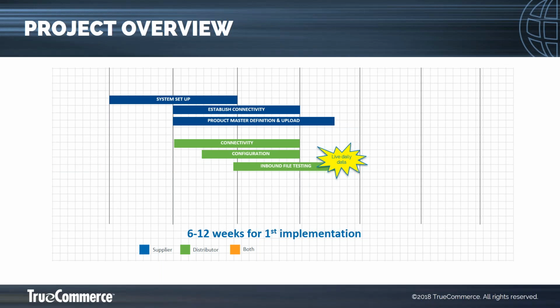So we will receive the product activity file mentioned in the flow before. Then for both it will be the time to validate the data as it is displayed by the system. We will start testing the EDI in and outbound traffic on the supply side. The same with the outbound on the distributor side.